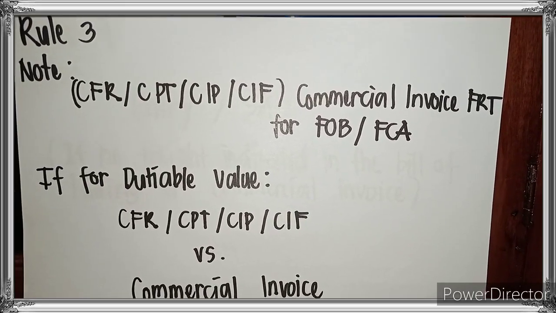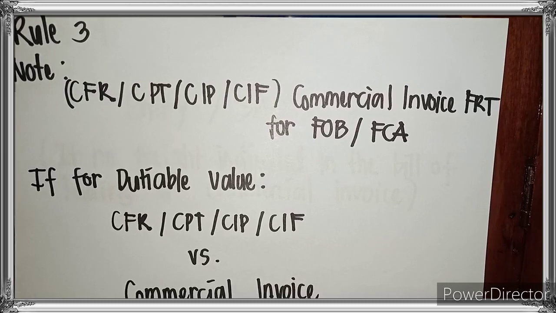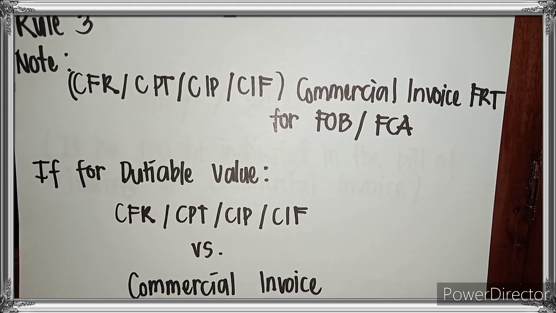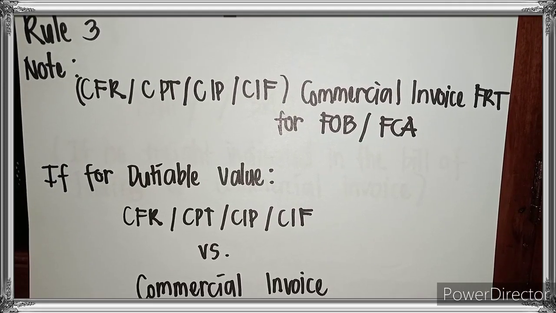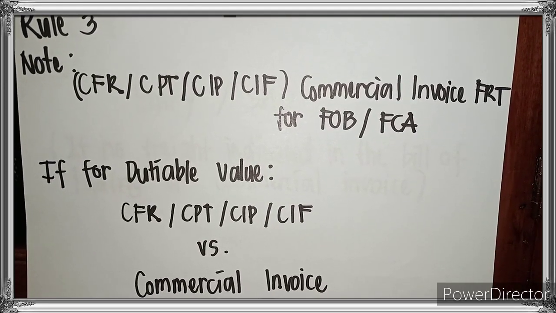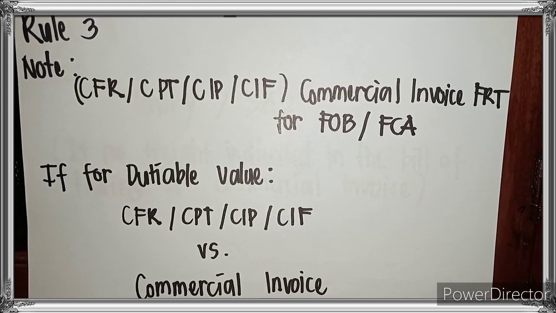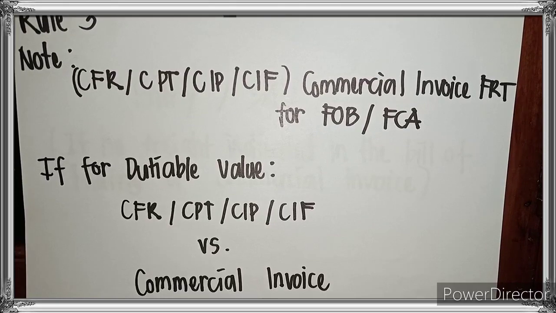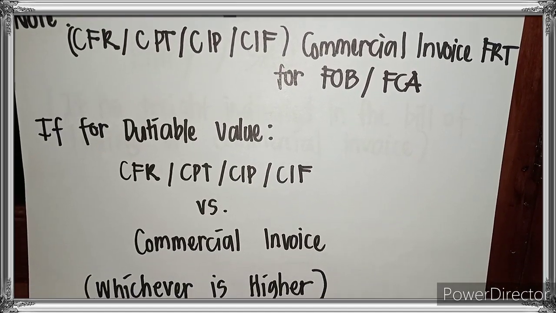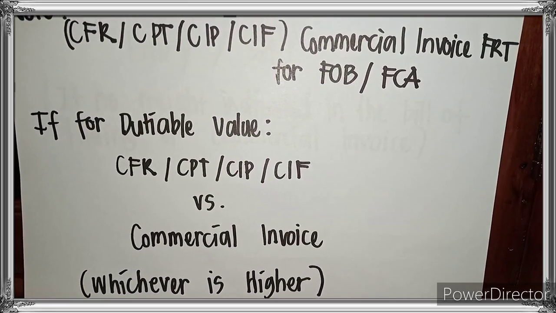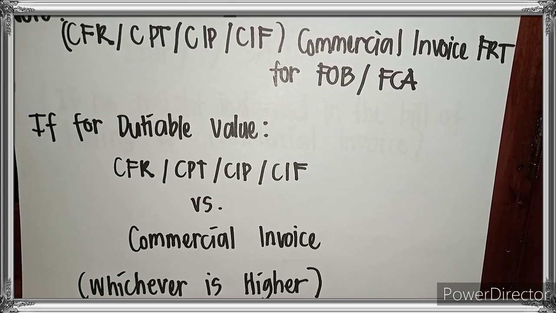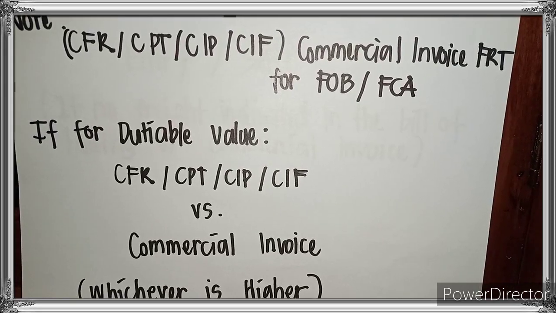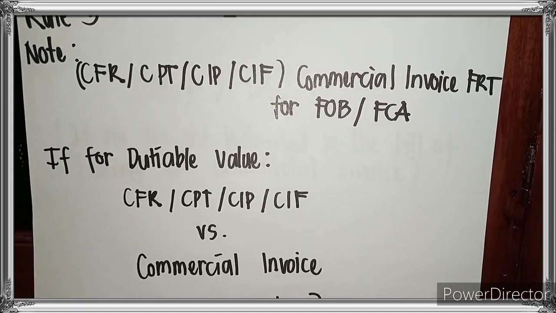As you can see in the note, for CFR, CPT, CIP, CIF, we will choose the commercial invoice freight for computing the FOB or FCA. But if it is for dutiable value, then it is the CFR, CPT, CIP, CIF freight versus the commercial invoice freight, whichever is higher of them. Okay?